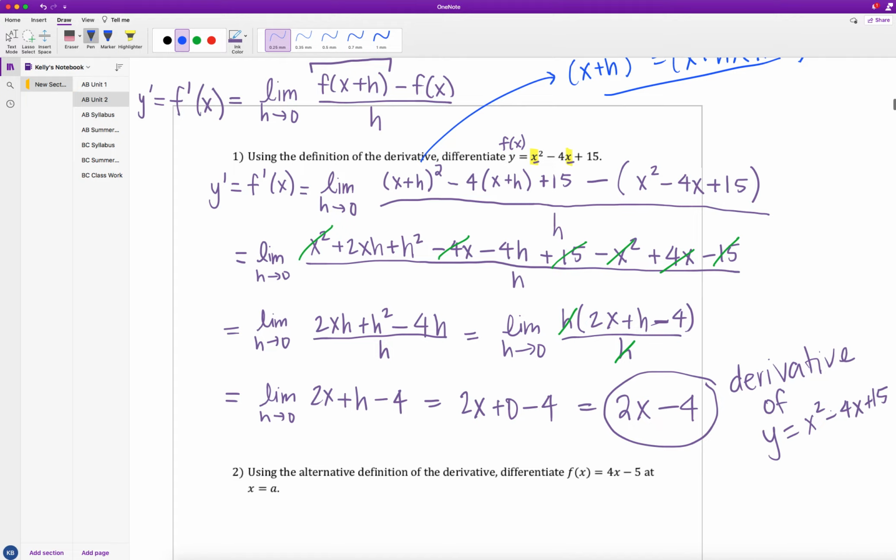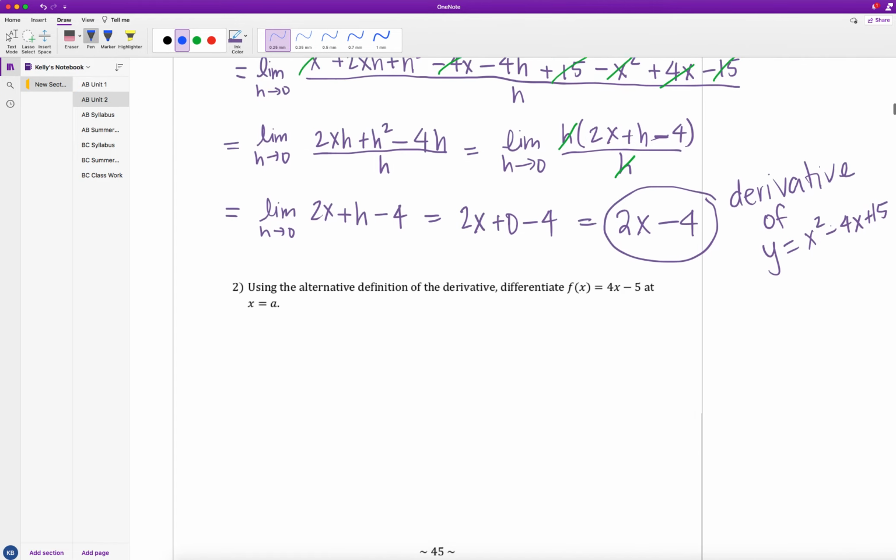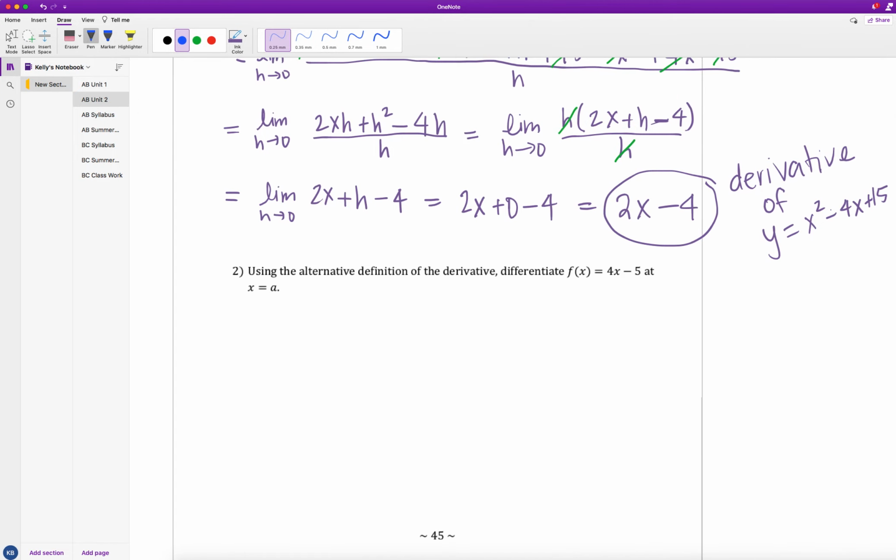Let's look at example 2. Example 2 says to use the alternative definition of the derivative. If you flip back in your course reader, that alternative definition is the limit as x approaches a of f of x minus f of a over x minus a. They're telling us to use that alternative definition.